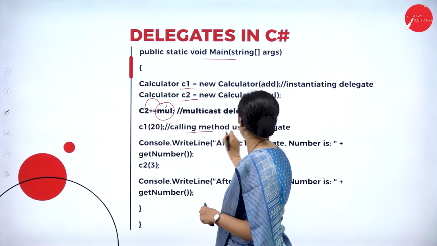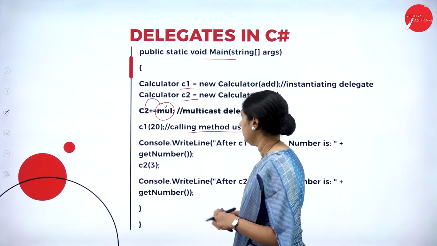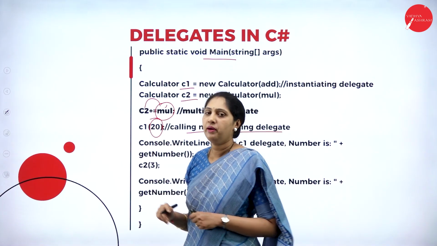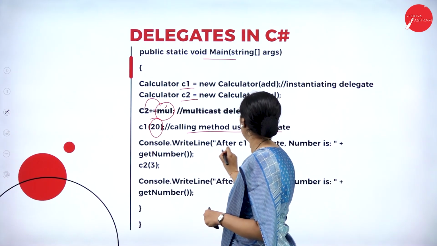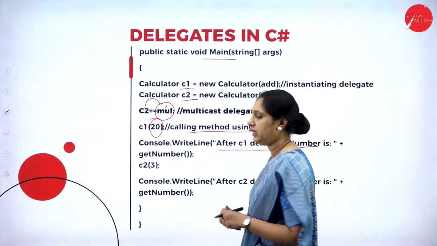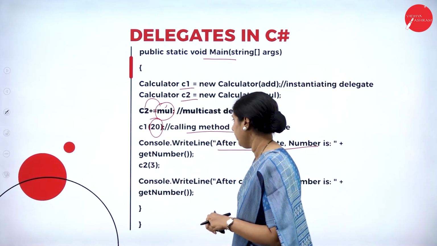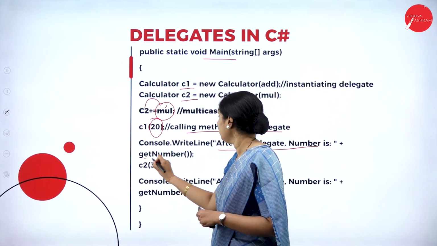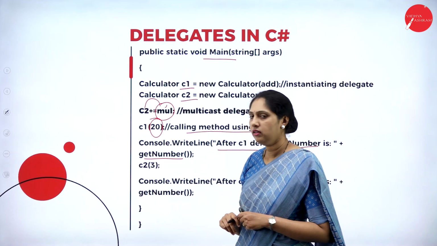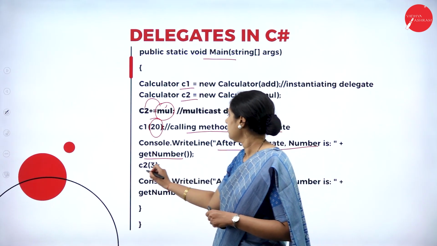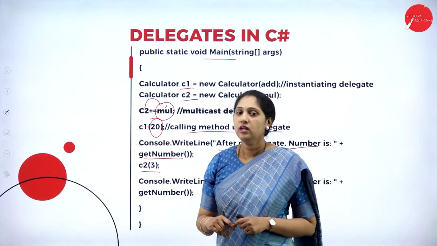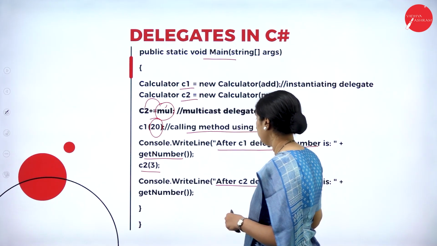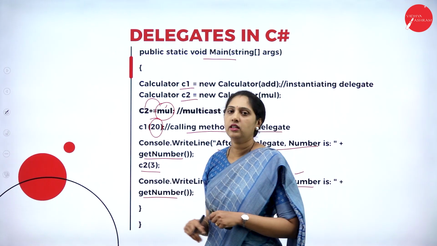Next we call the method using the delegate. We directly pass the parameter 20. Then we give a message, after C1 delegate number is. Then we call another method, get number. Similarly, this continues. Last we give a message, after C2 delegate number is, and this method, get number, is called.